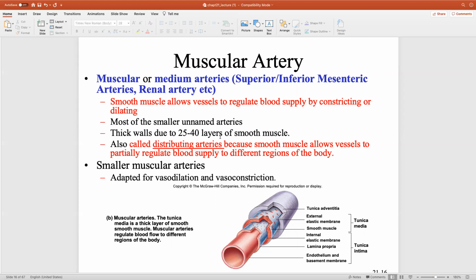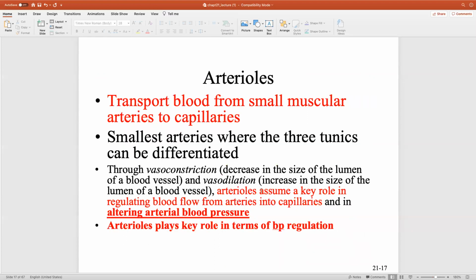So the blood vessels that go to the GI tract, the superior mesenteric, inferior mesenteric, gastric, hepatic artery, even the renal artery, slightly vasoconstrict, allowing less blood to go through so less nutrient will be wasted in that area. They can then redirect all those nutrients, all that blood, to the more active tissues, which is your skeletal muscles.